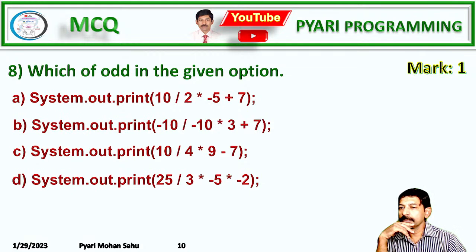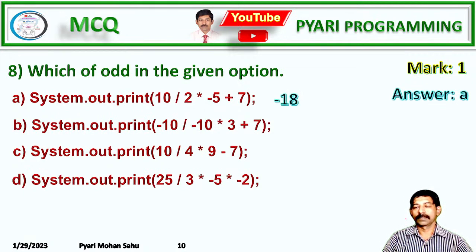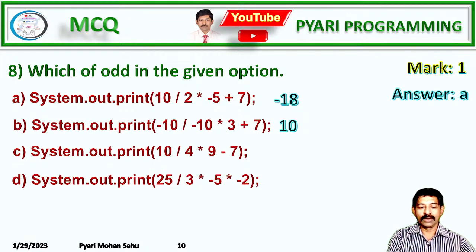Second one: 10. Badal Raj Sahu, 10. Rajesh, 10. Pragjyoti, 10. -18 and 10. Good.